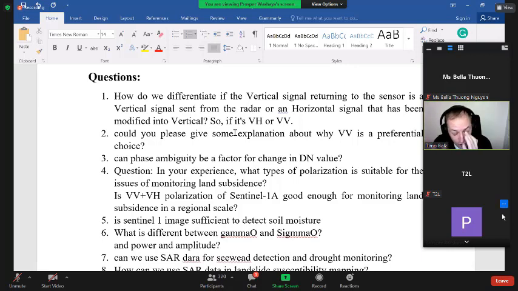Actually, when you get the SAR image, it will be in the metadata, right? If you order a SAR image, sometimes you can even choose what you want. However, why a signal is changed from, let's say, vertical to horizontal, we can only guess.